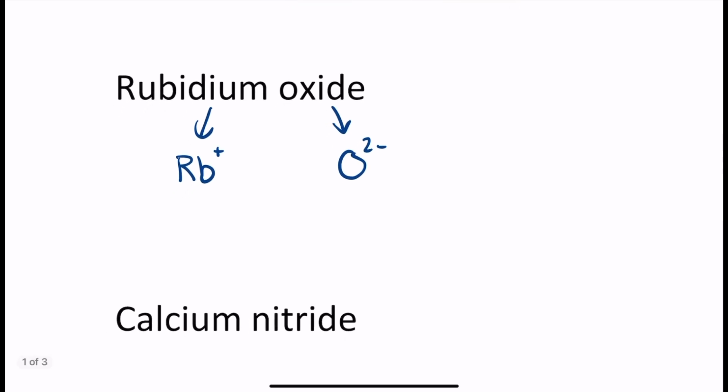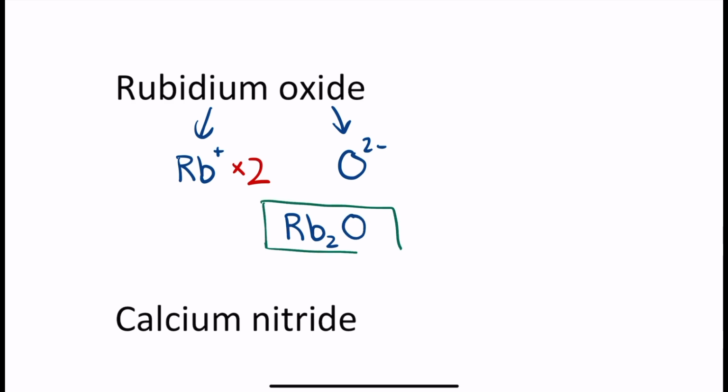If I have one of each, that's just not going to work out. Rubidium has a 1+ charge. A 1+ charge does not cancel out a 2- charge. So in this circumstance, I think I'm going to need to double my amount of rubidiums in order to match that 2- charge. So the formula of this one is probably going to be something like Rb2O.